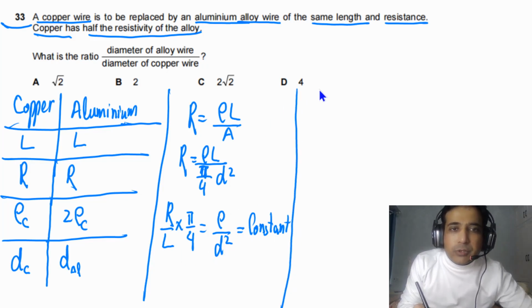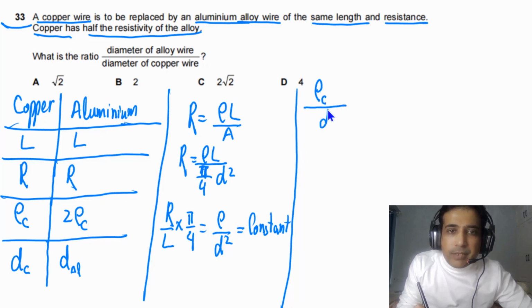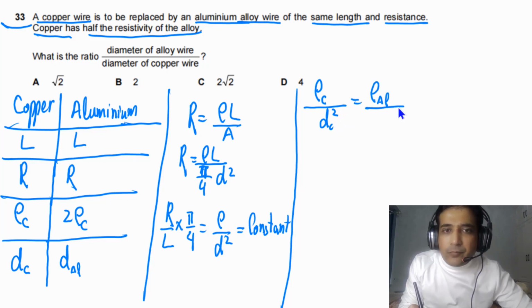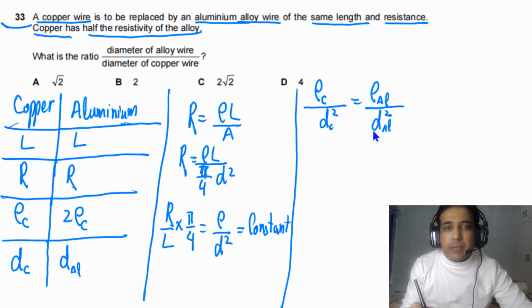Now we will be using this one. So we have the resistivity of copper wire divided by the diameter of copper wire squared, which has to be equal to the resistivity of aluminum wire divided by the diameter of aluminum wire squared. We need to find DAL divided by DC.